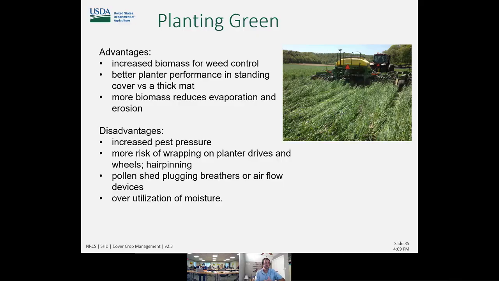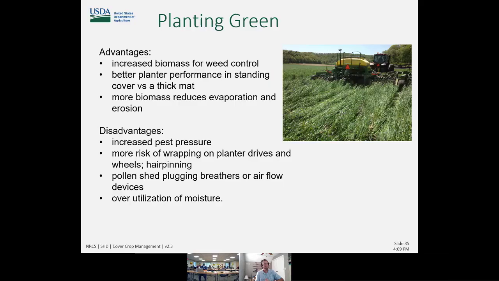Some things that could be looked at as disadvantages could be increased pest pressure. If that cover crop contains pests that are using that as a habitat or a host, then that could easily be transitioned over to that next cash crop. Planting green, it really depends on what type of equipment that you're using and what kind of cover crop you're planting into. As long as most cover crops are really fresh green, I don't see many of these disadvantages really happening.